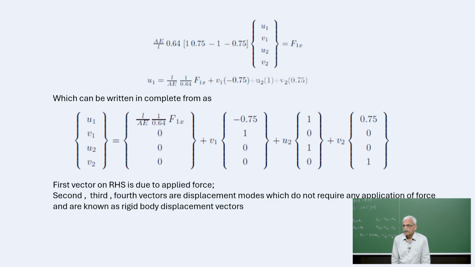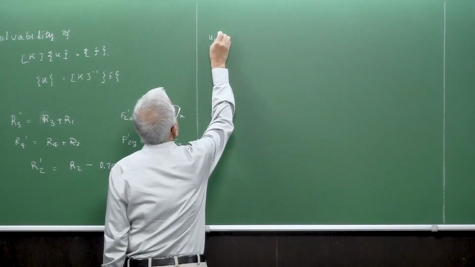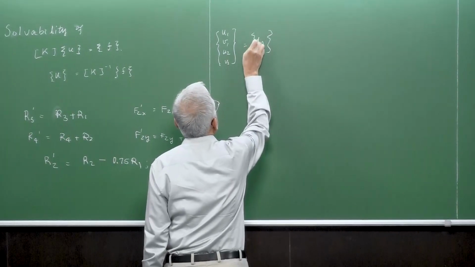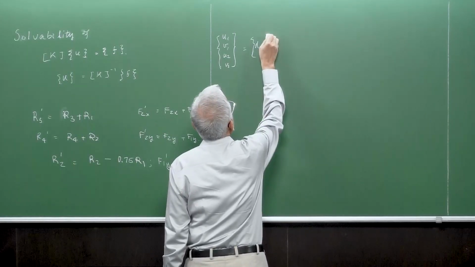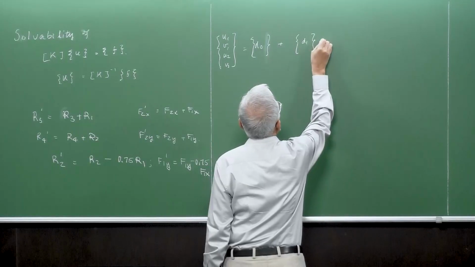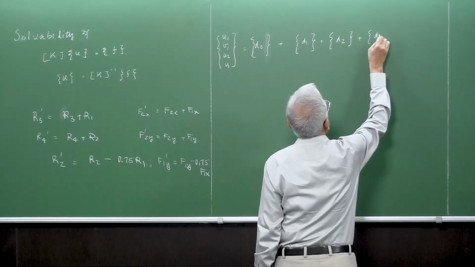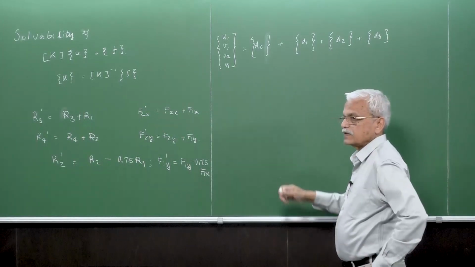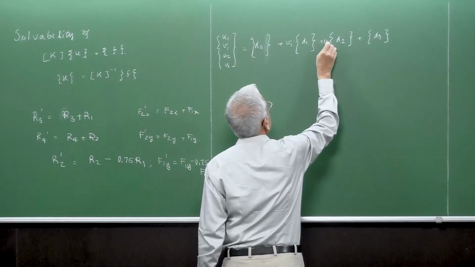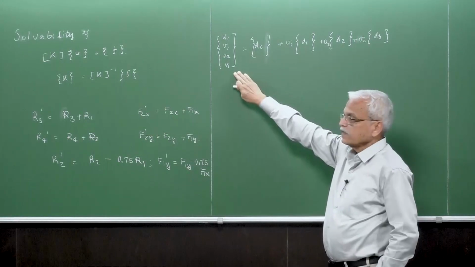This has a very interesting property. So this is the complete solution, and instead of writing all those values, this is the total solution.